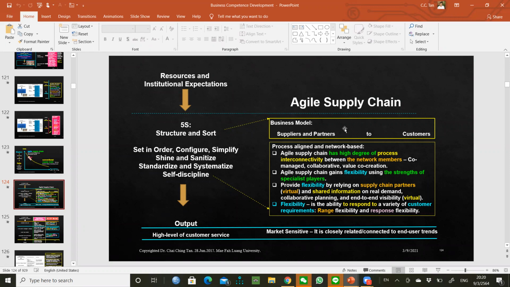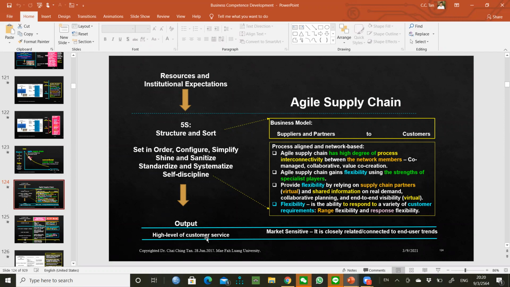So these are the overall features of general supply chains, and I hope you can summarize those in terms of your business model. Your business model needs to be aligned with these supply chain characteristics and systems. Okay, and then you will generate a lot of required output. And of course, because of your agility, your output customer service will be at a higher level.